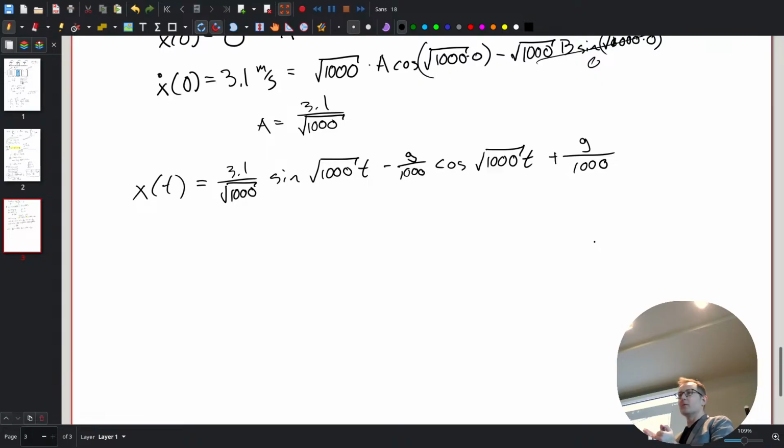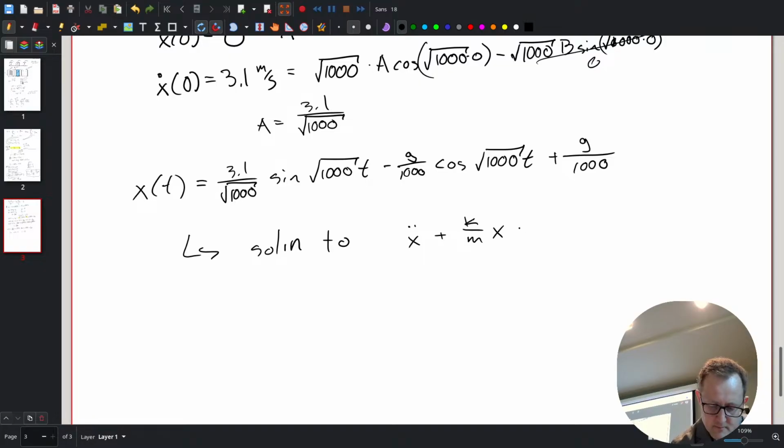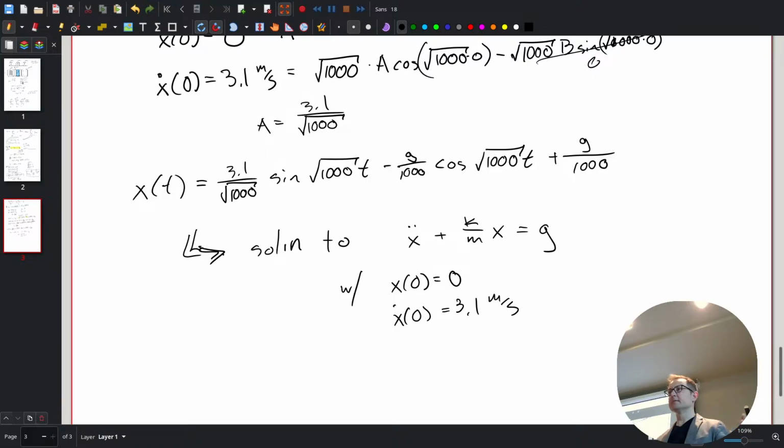Okay, so we have a solution to our equation of motion. So what?